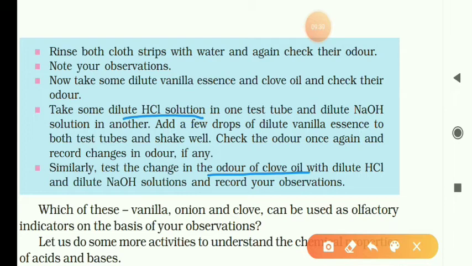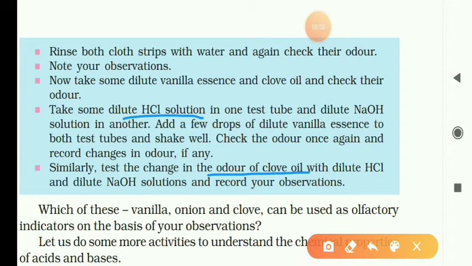But when you add dilute sodium hydroxide solution separately to the vanilla extract, onion and clove oil, their odor disappears. So an acid does not remove the odor of an olfactory indicator, while a base can remove the odor of an olfactory indicator.